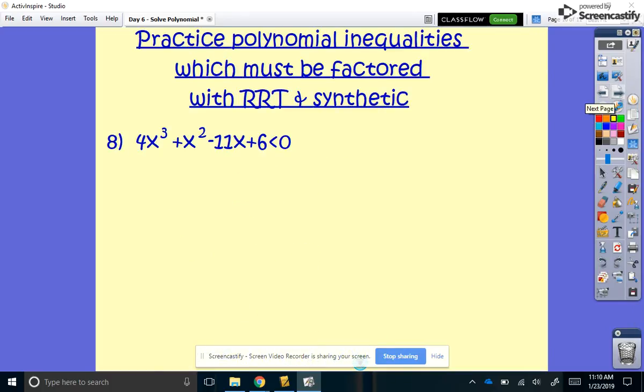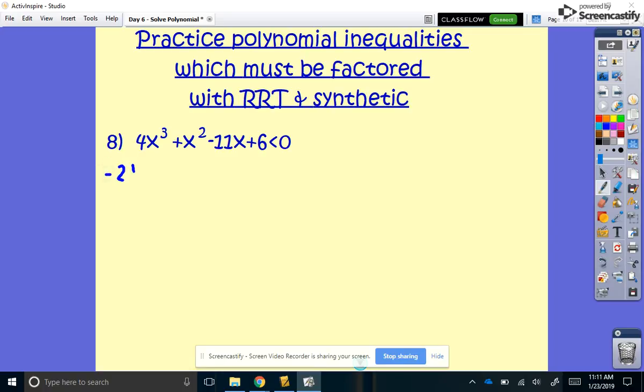So for this one, you can try to factor by grouping, and if that doesn't work, you can go to the rational root test or your calculator to get roots to do synthetic division with. So I'm typing in 4x to the third plus x squared minus 11x plus 6 into the calculator. You should do that as well, and you'll see that negative 2 is a root that I can use synthetic division with.